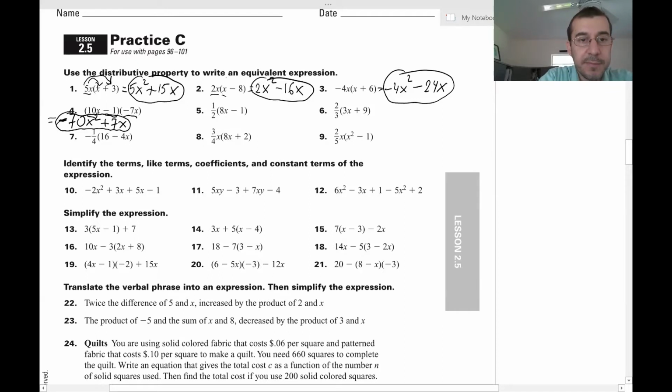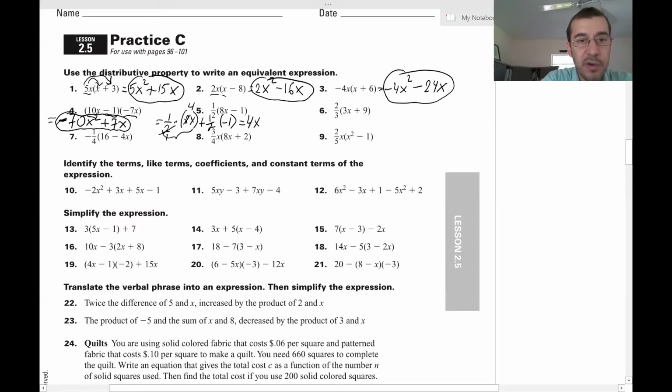Number 5, let's write these out. So 1/2 times 8x, and then plus 1/2 times minus 1. So 2 and 8 cancel out by 2, so we end up with 1 here and 4 here, because 8 divided by 2 is 4. 4 times 1 is 4, so 4x.